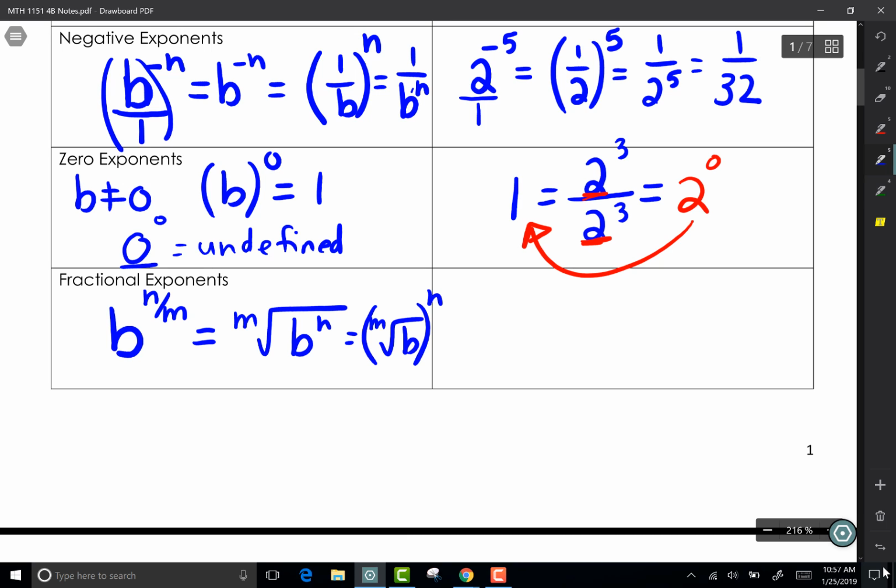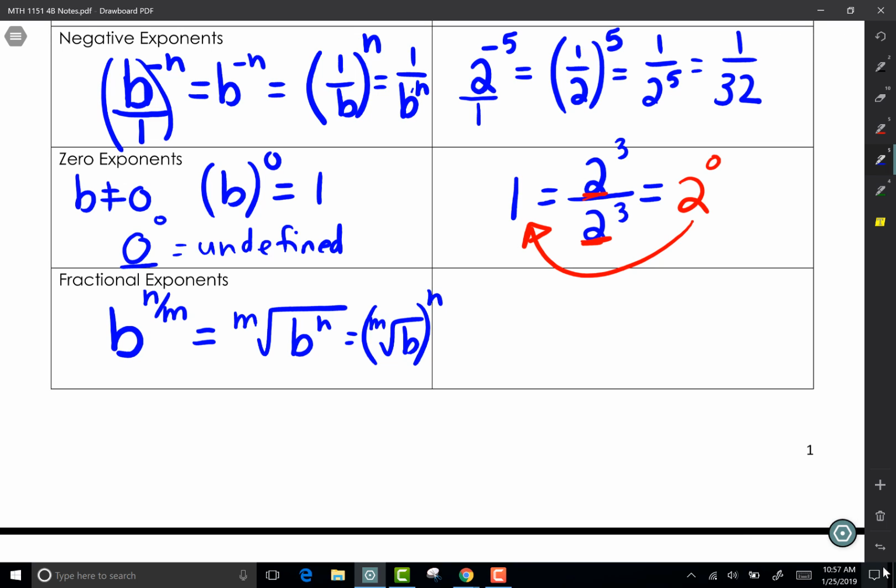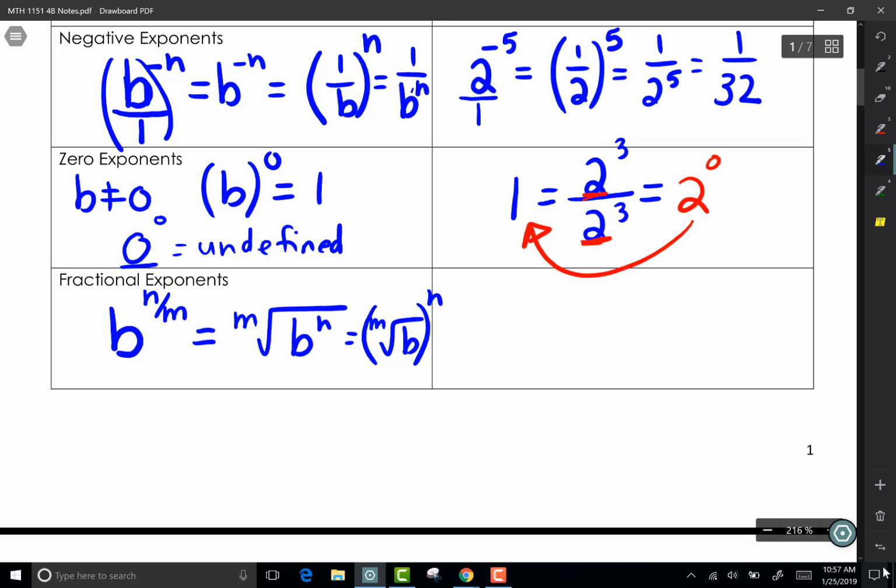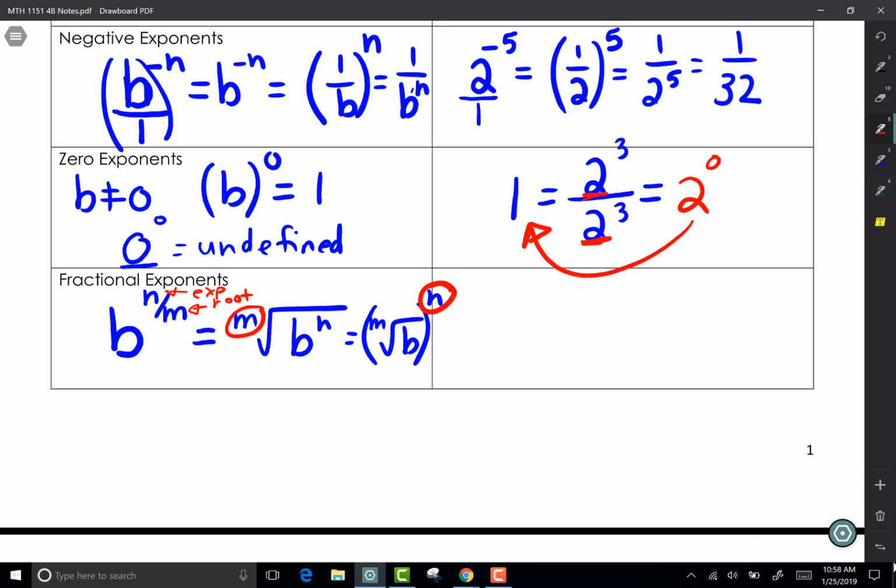You can say it either way. Remember that the bottom is always going to be your root, and the top will be your exponent. So that's my top, my exponent, and then the bottom, which is my root, like square root, cube root, something like that.